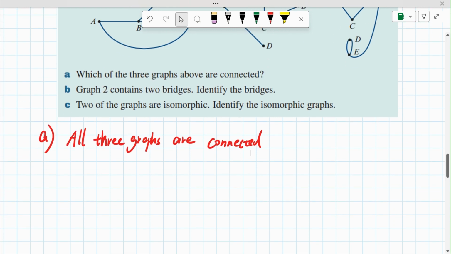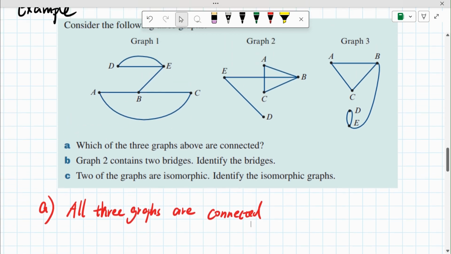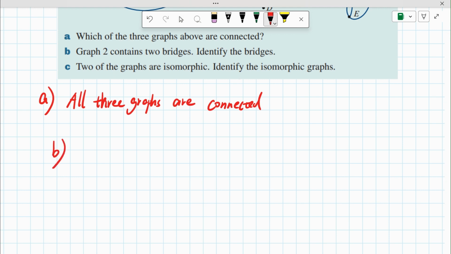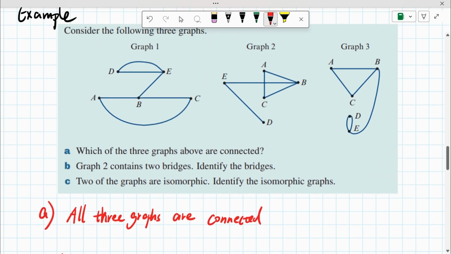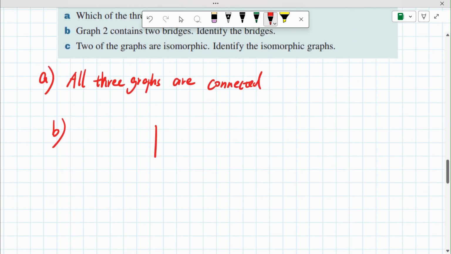And another one. We can say graph 2 contains two bridges. Identify these two bridges. Okay, so I'm going to restart drawing graph 2. We can see this little triangle, so it's ABC. Come on, that was not a straight line at all. But this one is better.